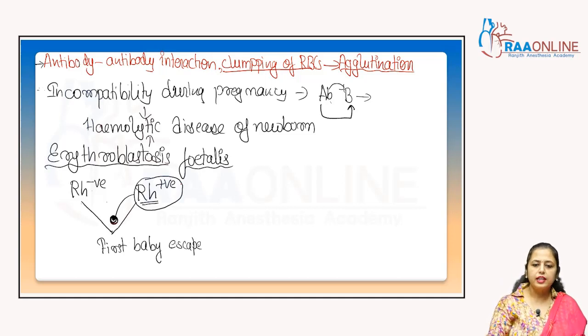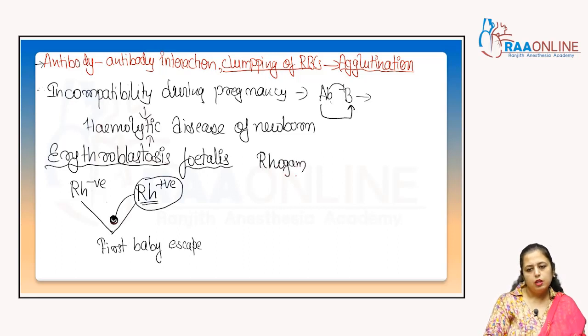If there is any situation like this, then doctors prescribe medicines to the females, which destroy the Rh positive antibodies in the females, that is Rhogam, Rholin, and anti-D, right?